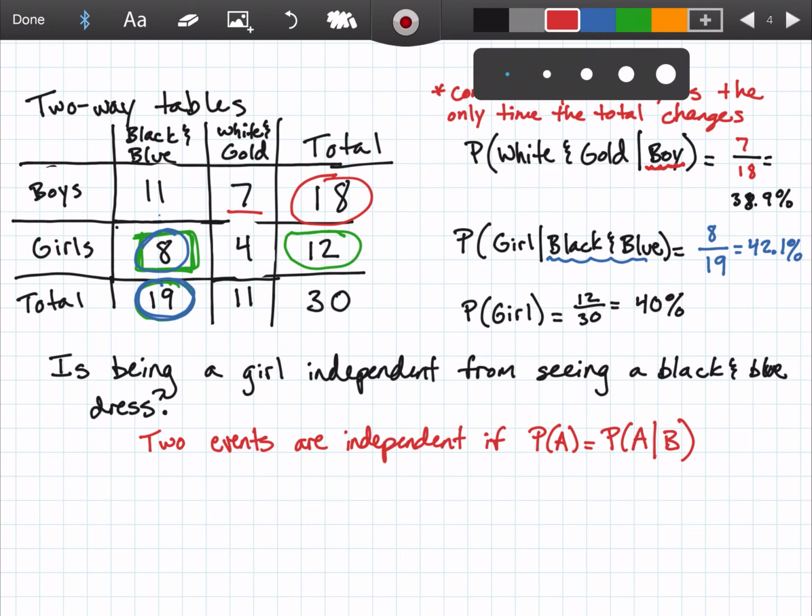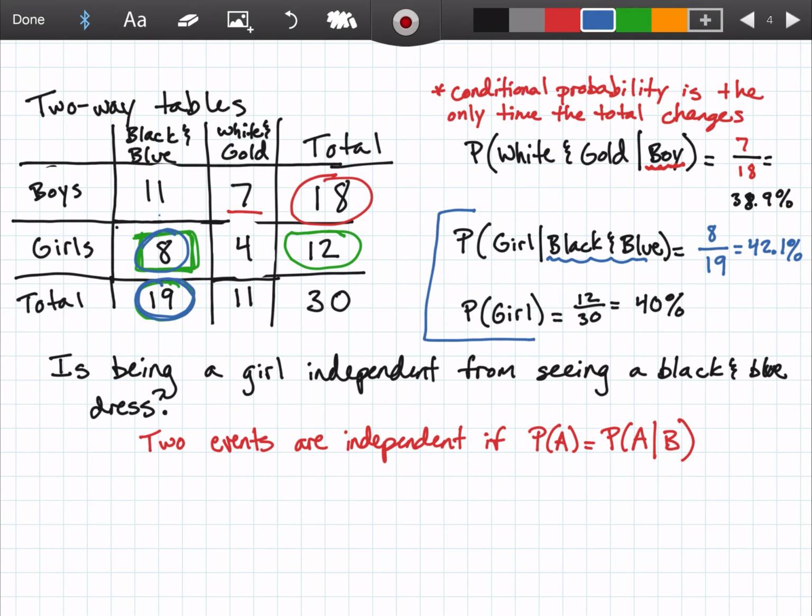And so I can look at these 2 probabilities here. So probability of being a girl was 40, and then we had a 42.1. And so if we're being very technical, since those do not equal each other, they are not independent.